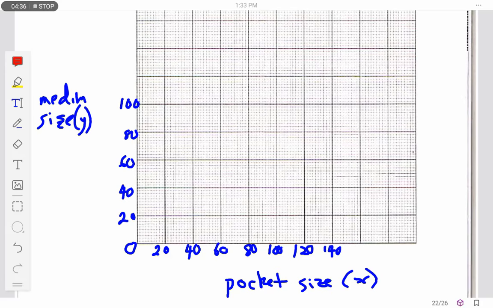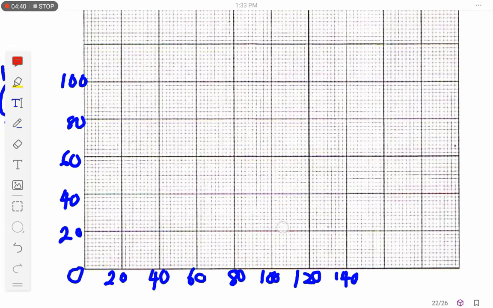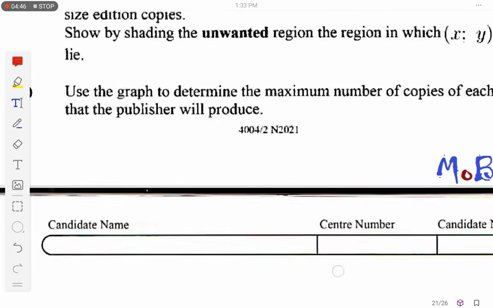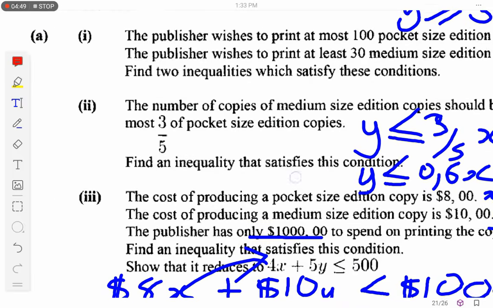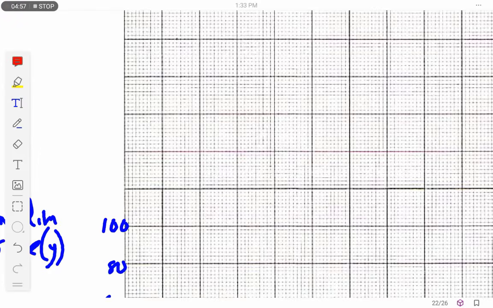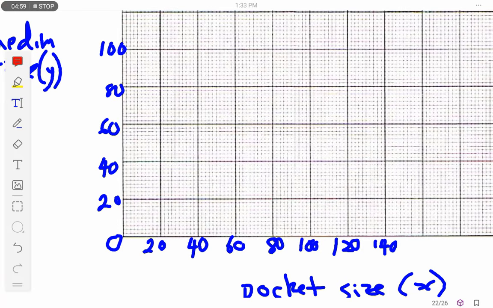Let's see our equations. I'm going to zoom in so that we can see how we are going to draw these graphs. The first one was x is less or equal to 100. These two are easy to draw, so let's draw these two first. X is less or equal to 100.